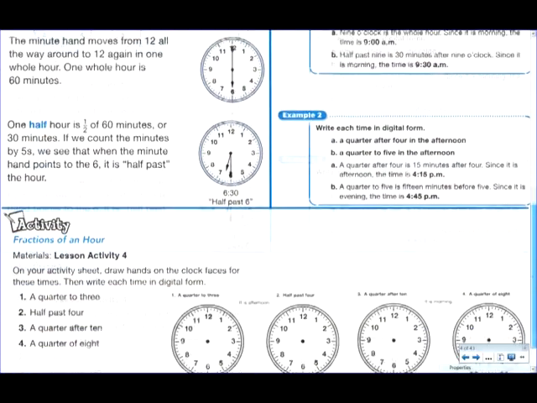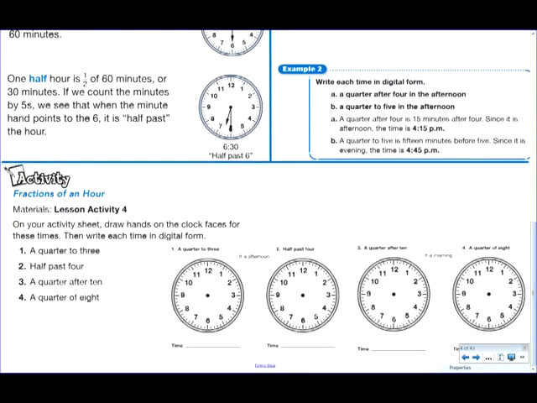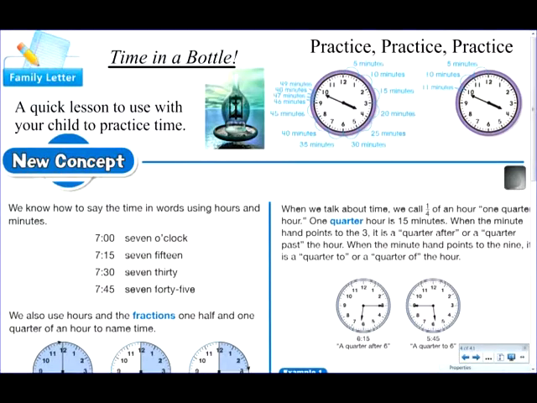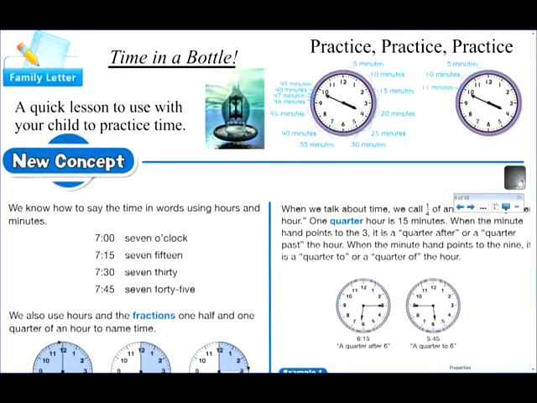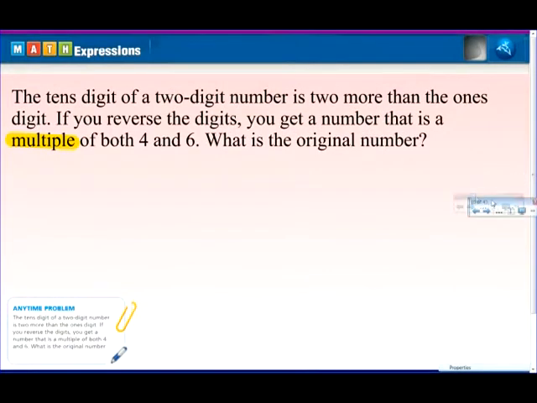There's an activity here at the end that I'd like you to finish up, and it shows that you have to practice what we already do in class. So you guys have seen this, and you'll be getting this tomorrow, so you can bring it back on Friday. Well, let's get started with a time problem.